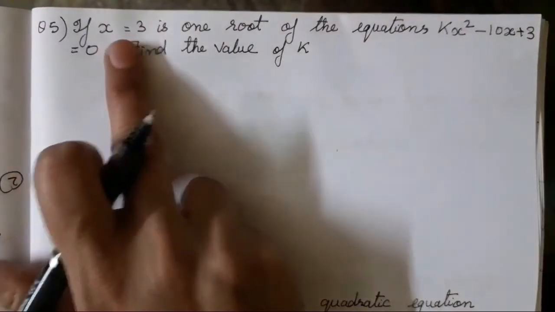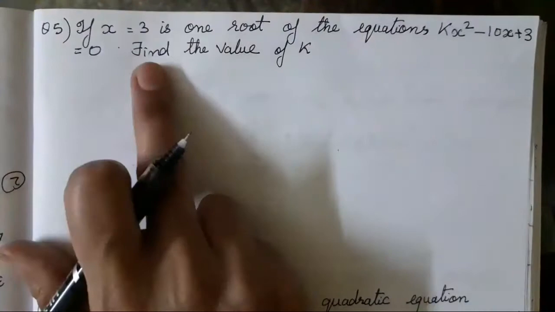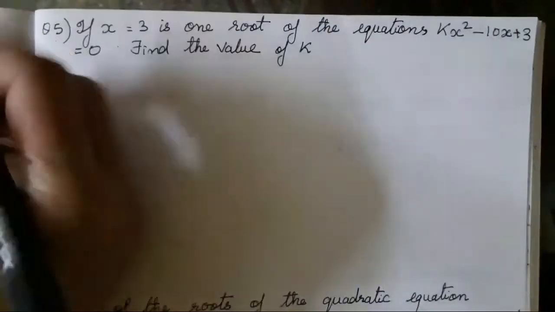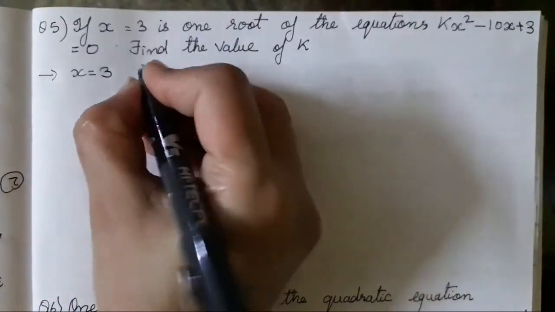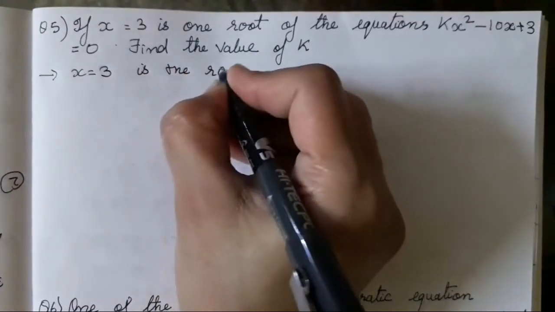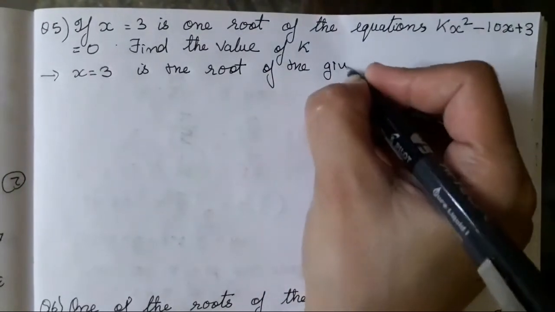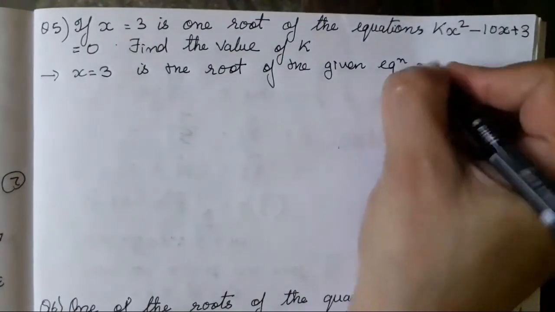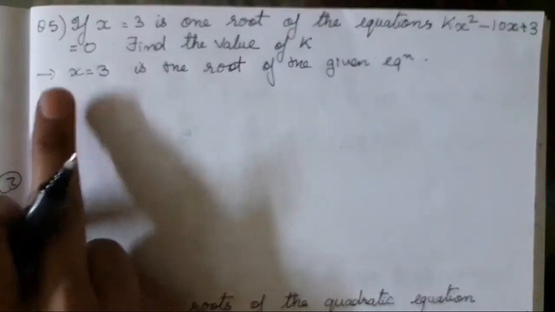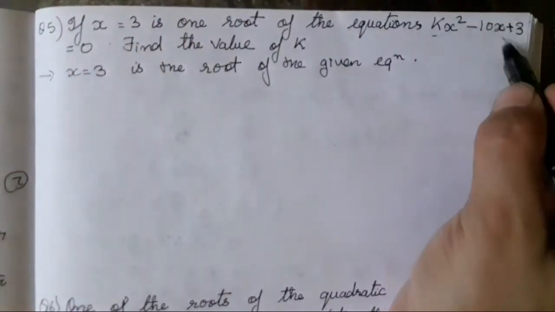Fifth sum is, if x is equal to 3 is one root of the quadratic equation, find the value of k. So x is equal to 3 is the root already given, is the root of the given equation. Okay, so what we have to do, substitute x is equal to 3 in this equation.